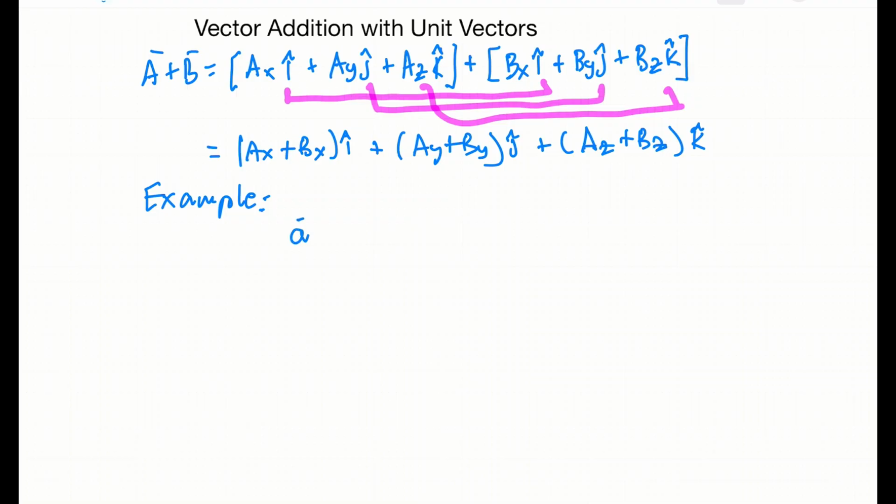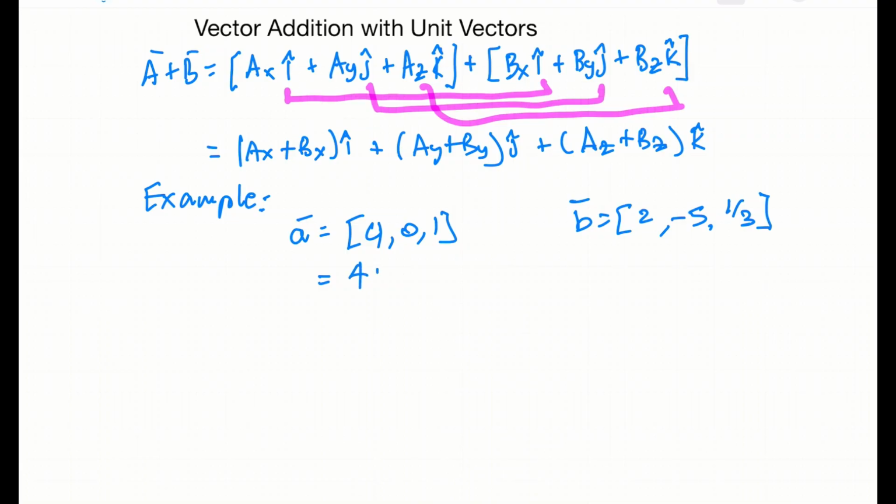We've got two vectors. A is equal to 4, 0, 1. B is equal to 2, minus 5, and then 1/3. So let's add those together. First of all, let's put this in the unit vector notation.